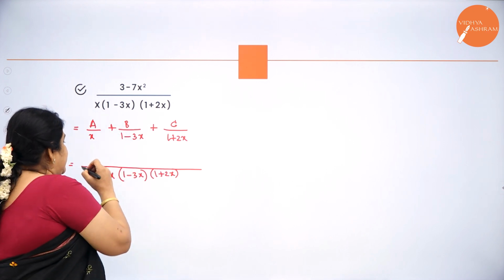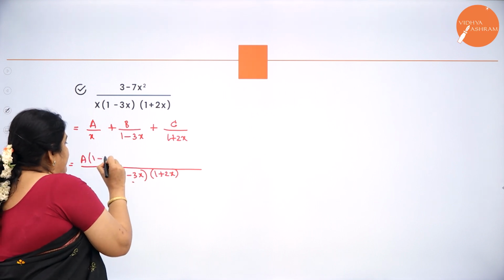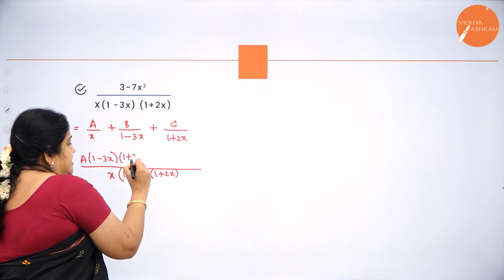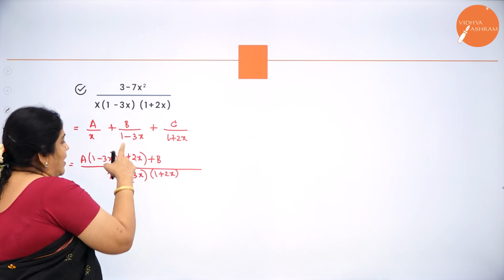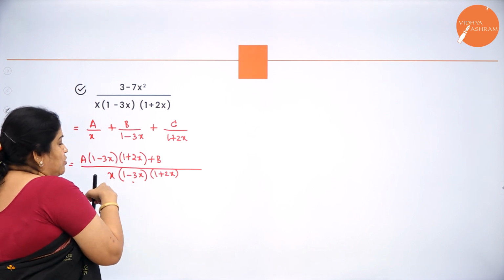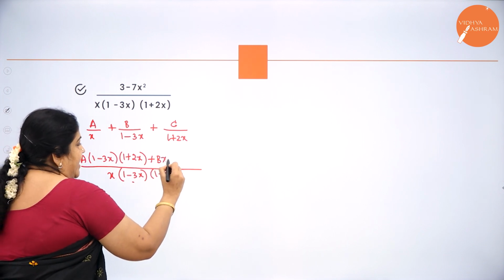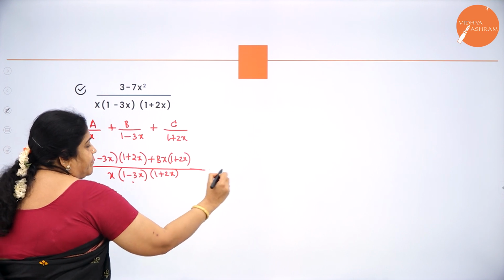So here what is missing? It is A into, the terms missing are 1 minus 3x into 1 plus 2x, plus B into, 1 minus 3x is already there. So what is missing? x and 1 plus 2x. So it will be Bx into 1 plus 2x.